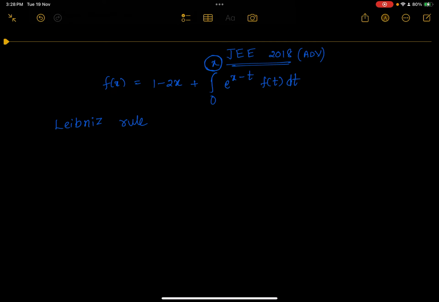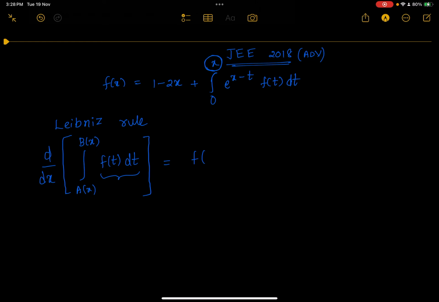This is Leibniz rule. Let us say you have an integral whose lower limit is a function of x, a of x, and upper limit is also a function of x, that is b of x, and the integrand is a function of t. If you have to differentiate this integral, you can use this formula.